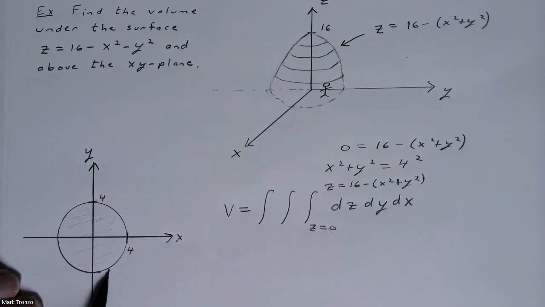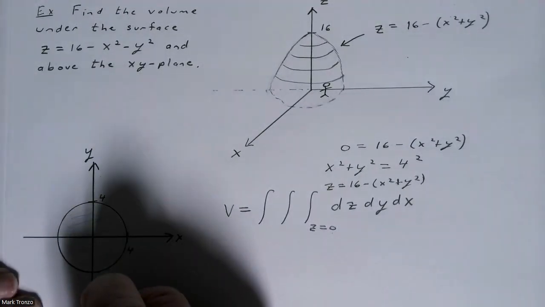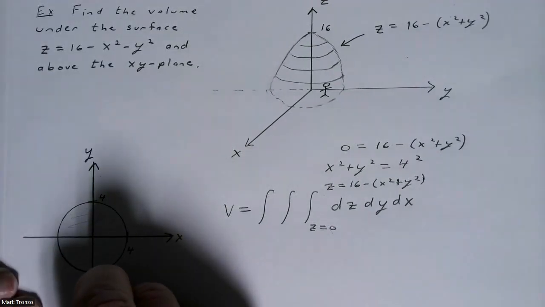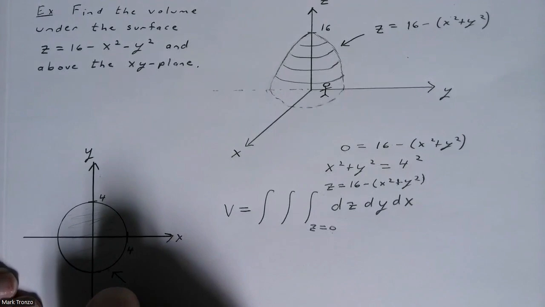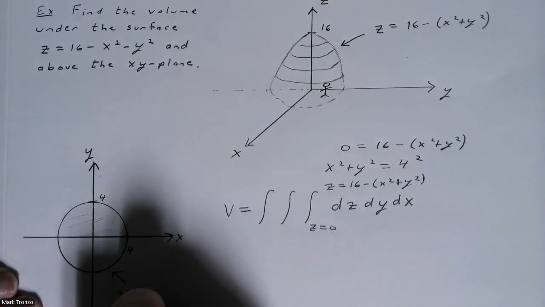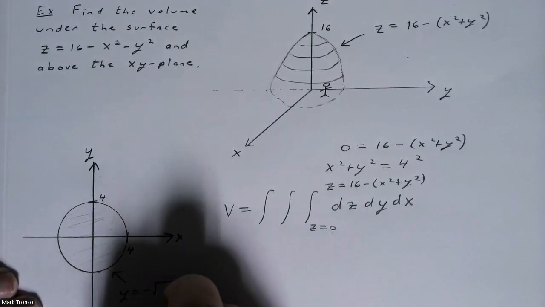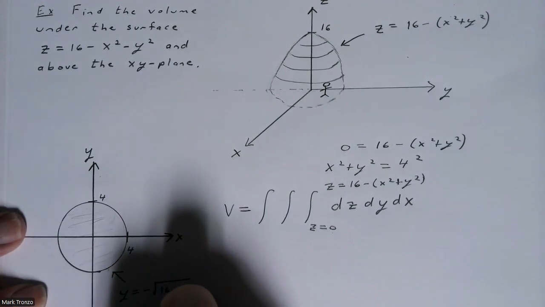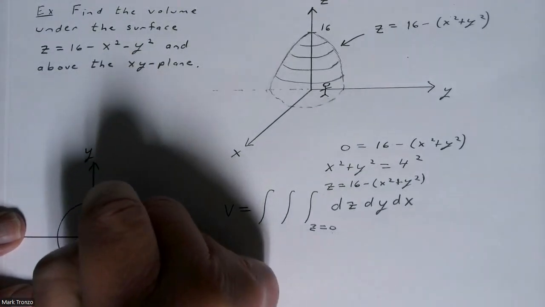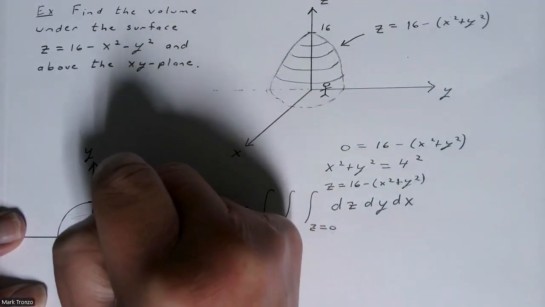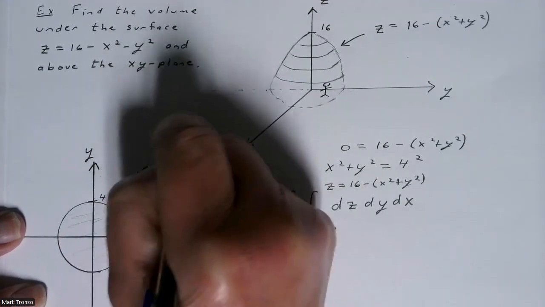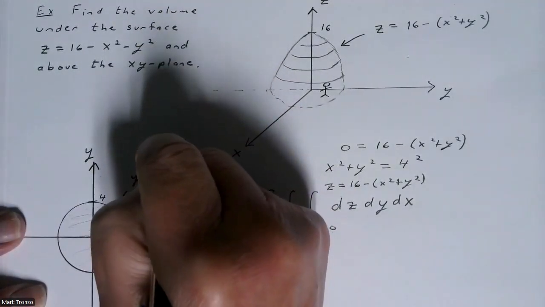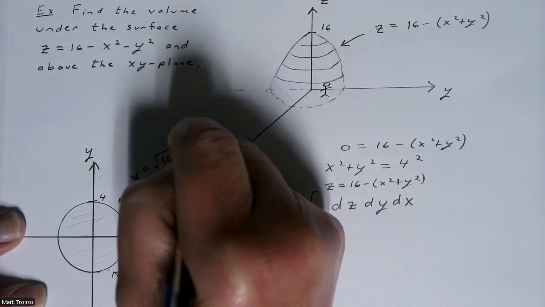Now, if you want to keep it in Cartesian coordinates, you could write this, the lower portion of the circle, as y equal negative the square root of 16 minus x squared. And then this is y equal the square root of 16 minus x squared.